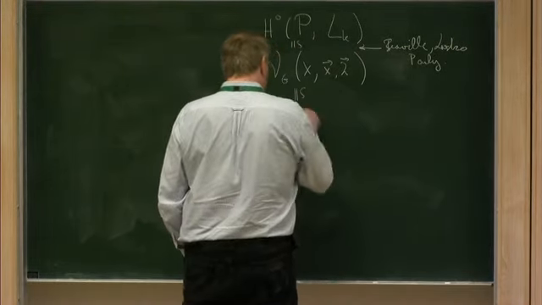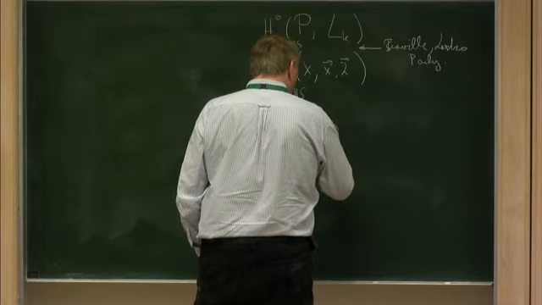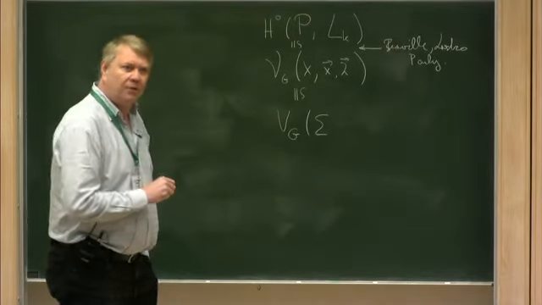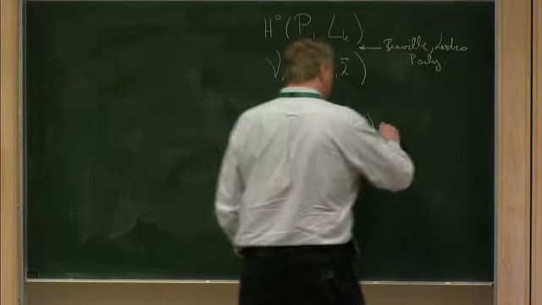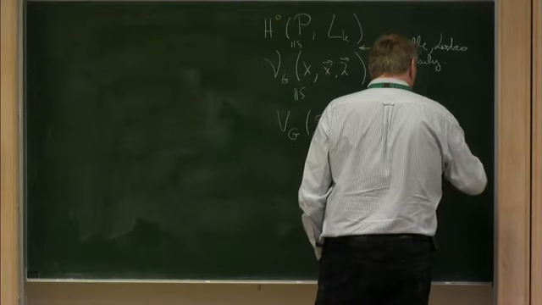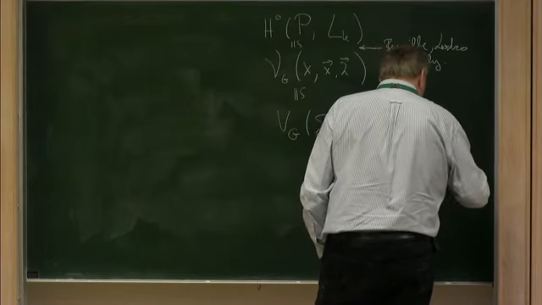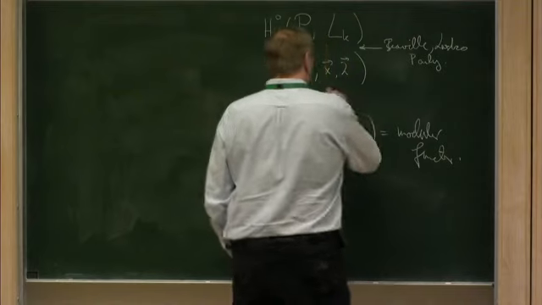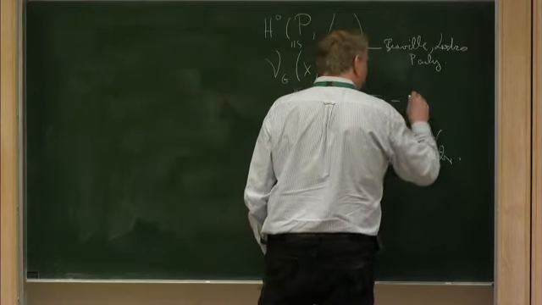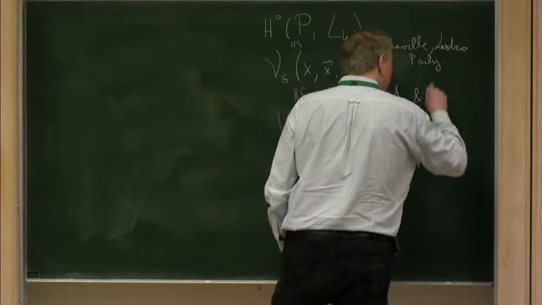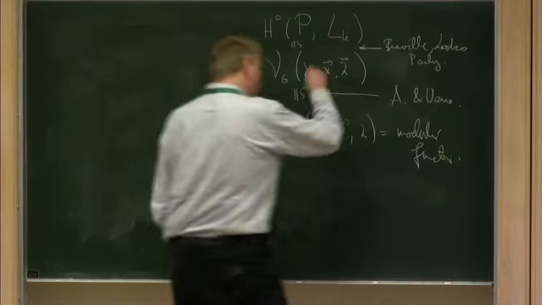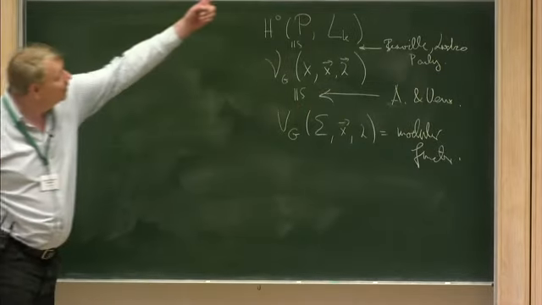So let V_G of sigma, which now only depends on the surface sigma, and of course still the points and the labels, be this modular functor. Myself and Ueno, Andersen and Ueno, made this construction for any G with this assumption.